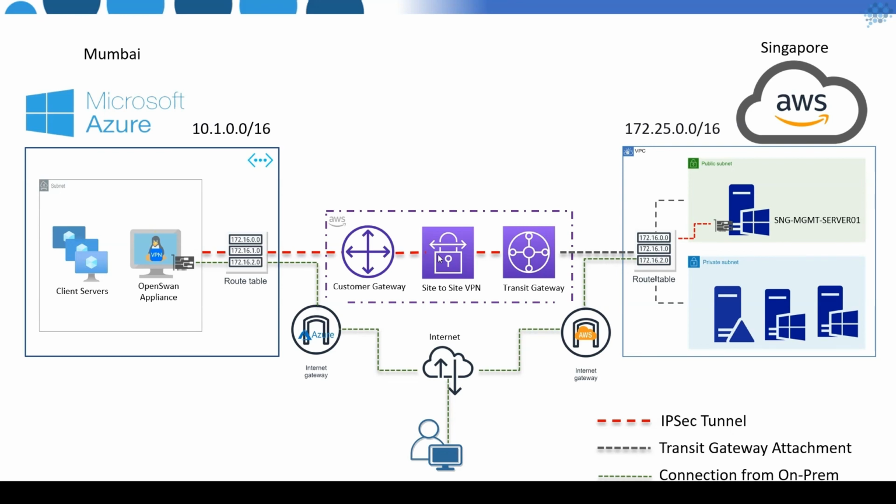While creating it, we gave the network ranges of the Azure VNet CIDR block for the left side network and the AWS VPC CIDR block for the right side network, and created the configuration.